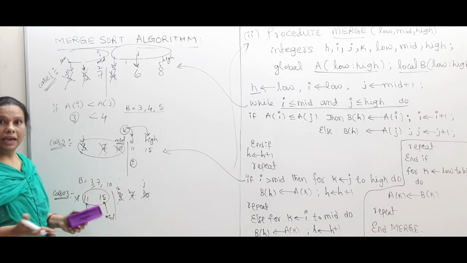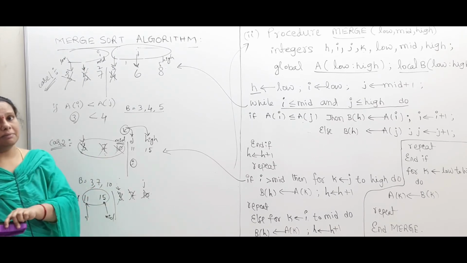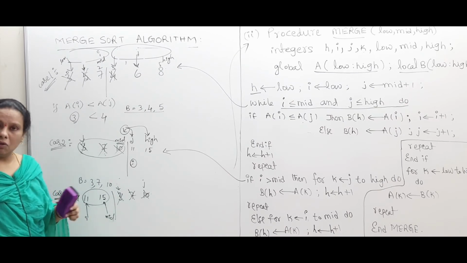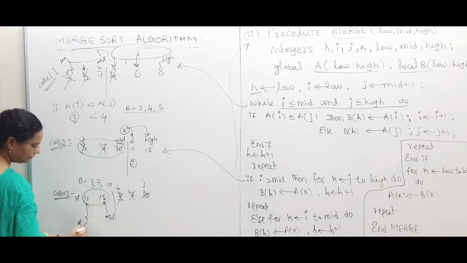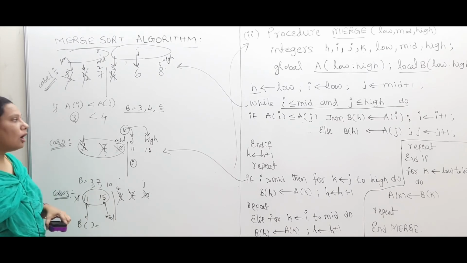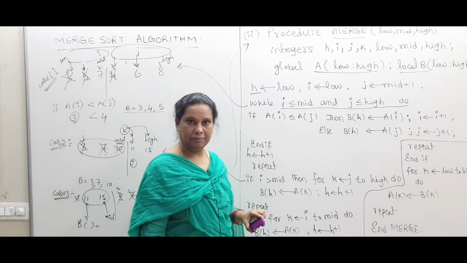Case 3, if the first subdivision elements are there but the second subdivision's sorting is over, then what you have to do is transfer these elements to b. The 3 cases are over. Now my b contains the list of all sorted elements.